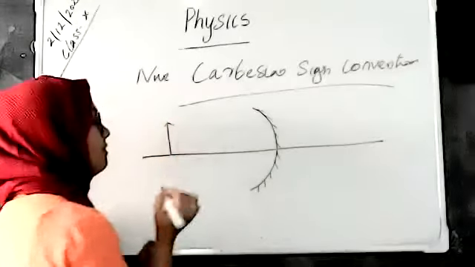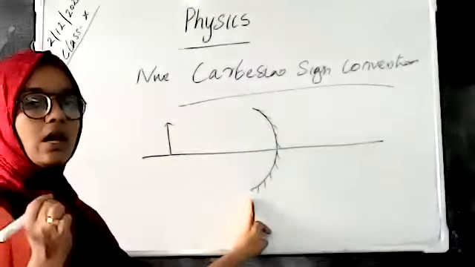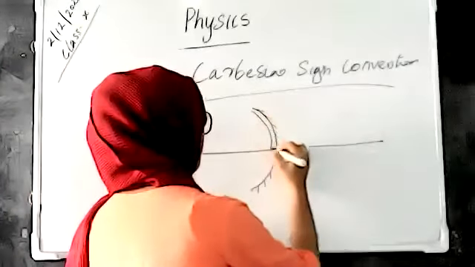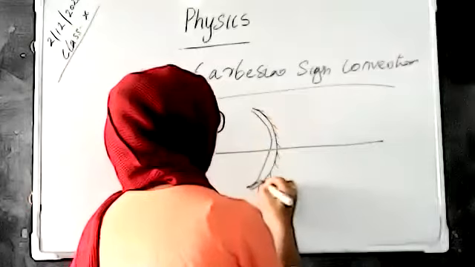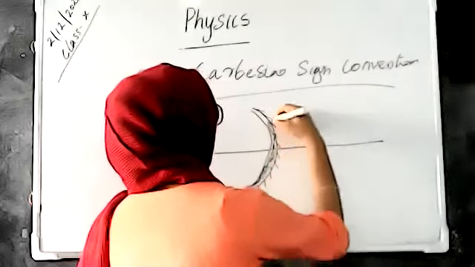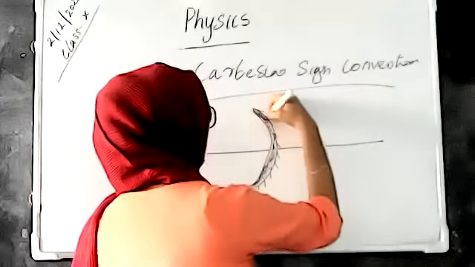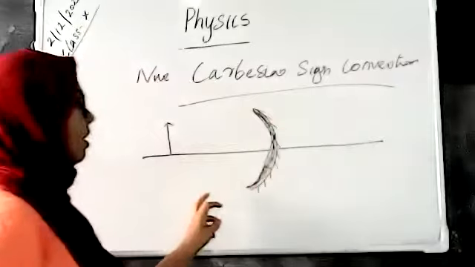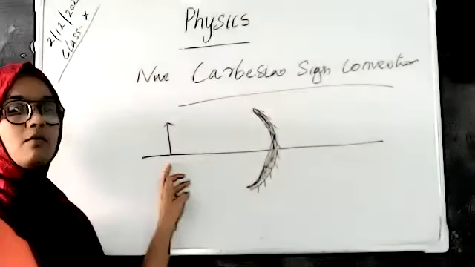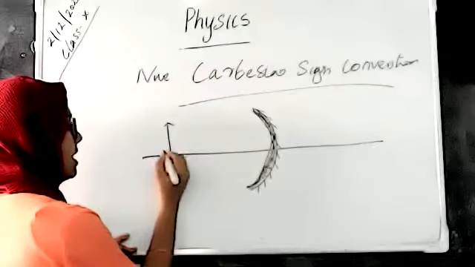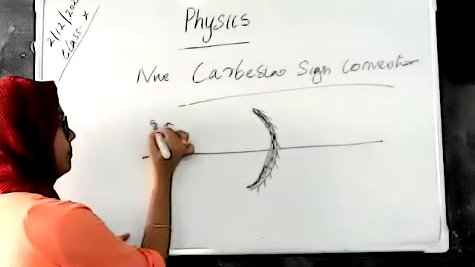So first of all, here we are using a concave mirror to find the image formation and the distances between them. We consider an object, and the height of the object is taken as OB.